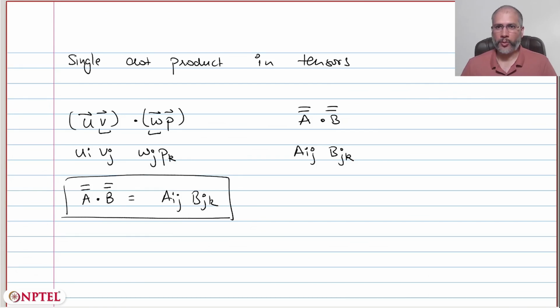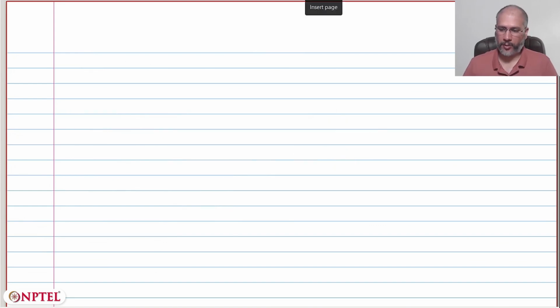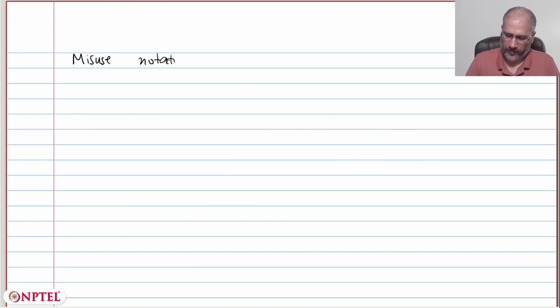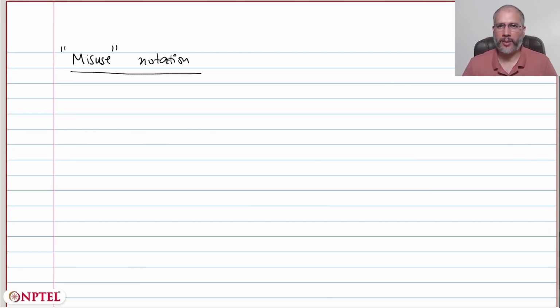Now let's move to the next topic in today's lecture, which is a bit more on notations. In fact, we'll call it the misuse of notation. It's very important to discuss this because many people get confused when they read this kind of notation in books and texts, but this is quite common, so we must discuss it.